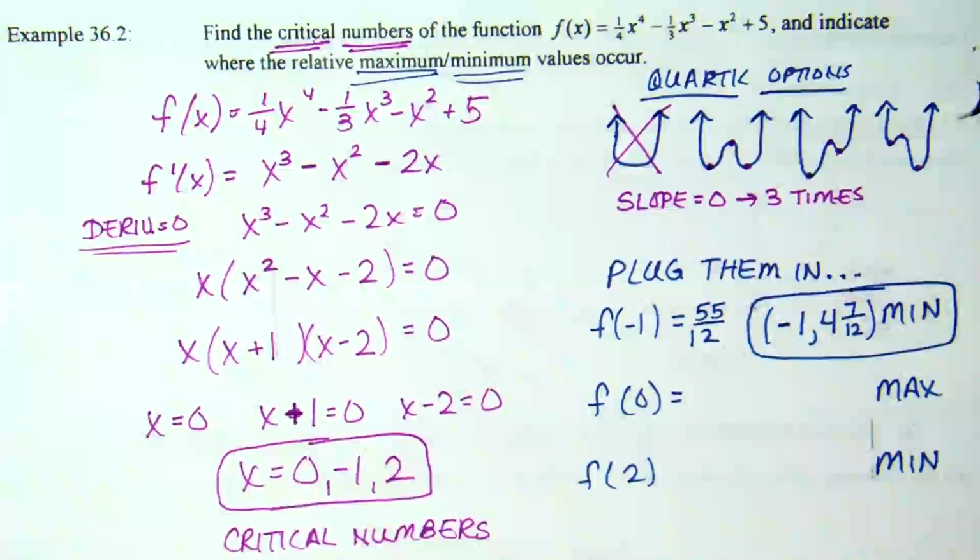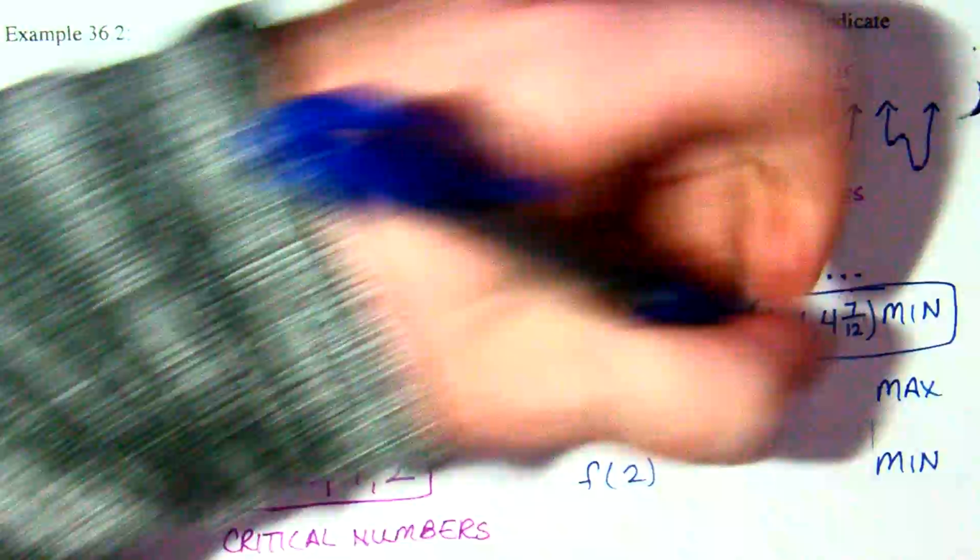If you want to do some math, fine. Plug in 0 real quick. Plug in 0, you get 5. This ordered pair is 0, 5, and it is a max. Plug in 2, and it's 7/3.